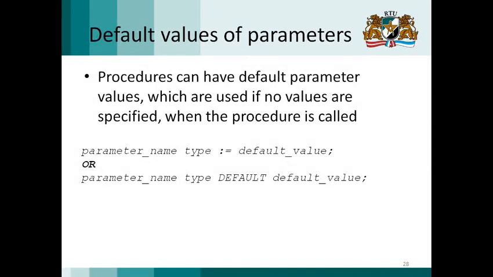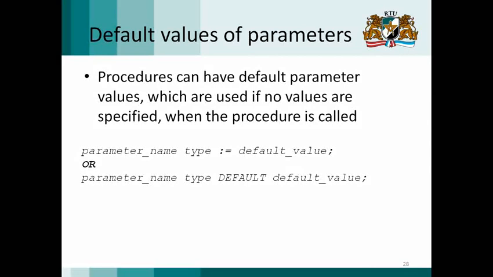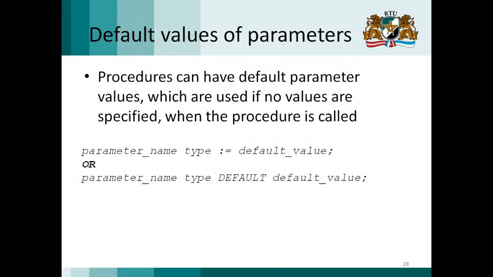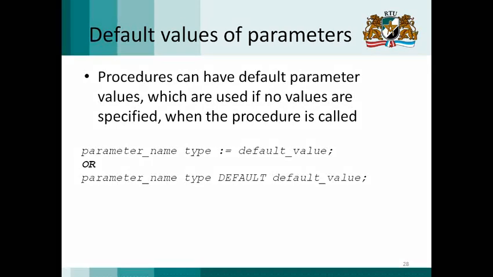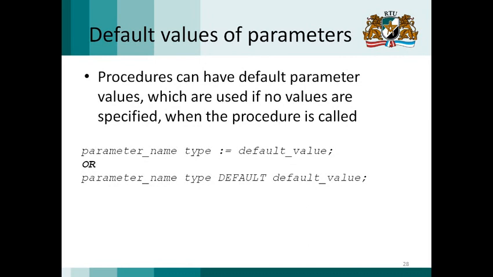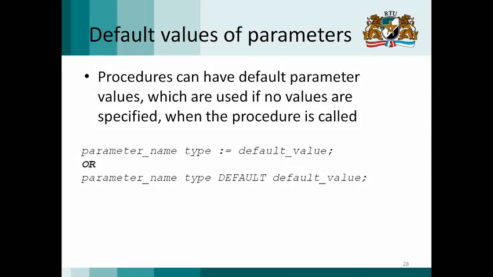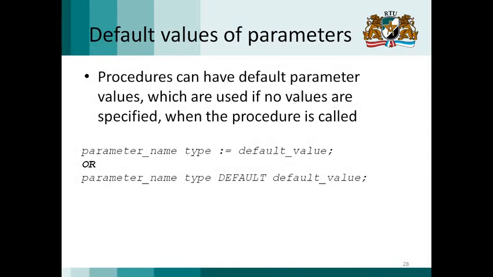And next, default values of parameters can also be defined. In some way, we can avoid what you asked with these default values. In this case, we either just assign the default value in this way, or we can type it this way with the keyword default.